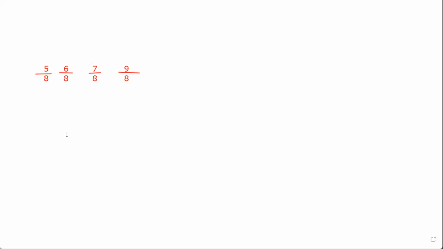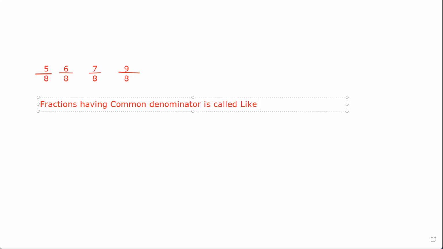You can see that all have common denominators. So fractions having a common denominator are called like fractions.